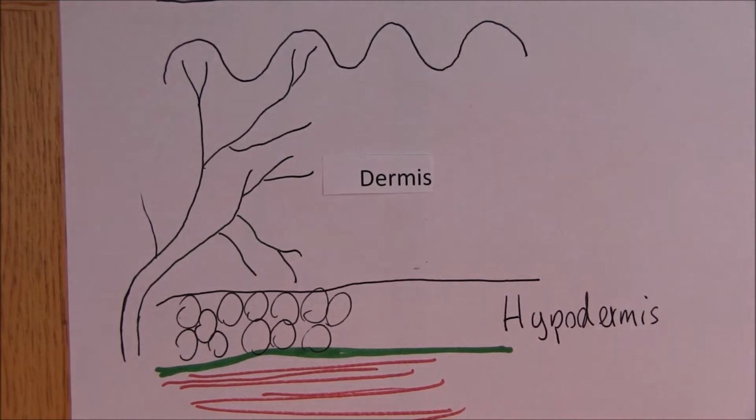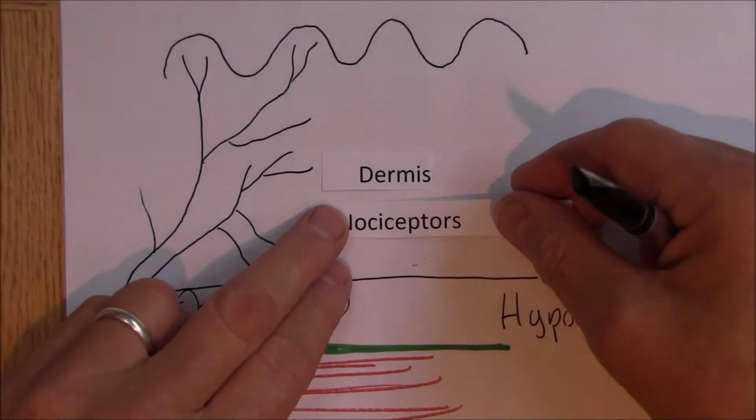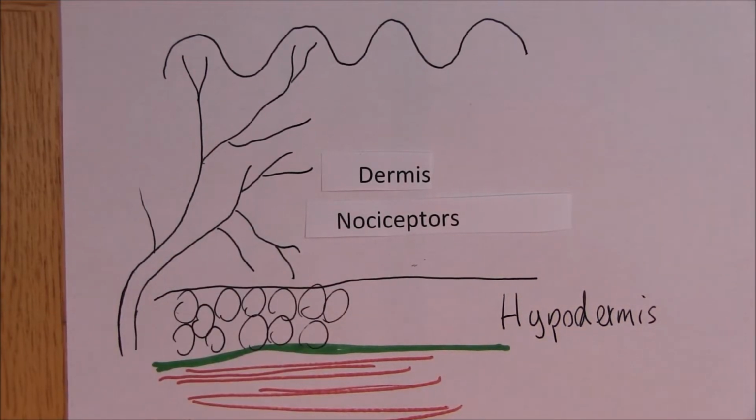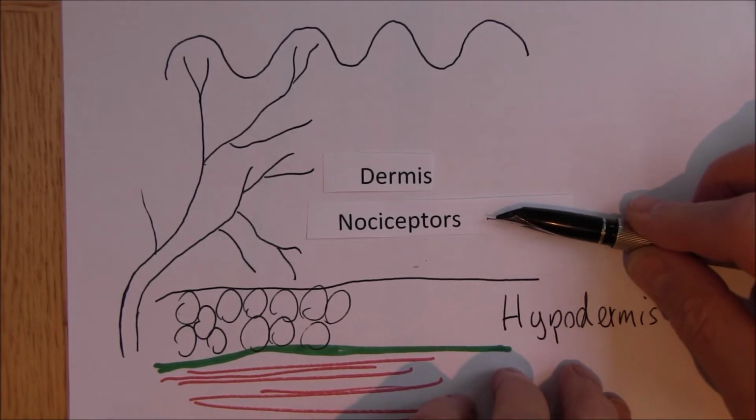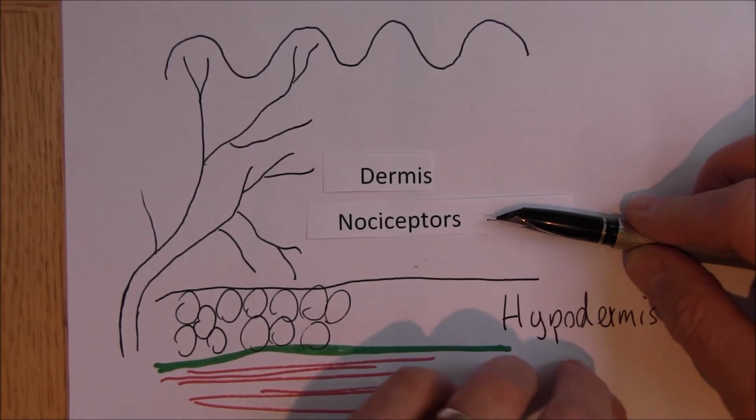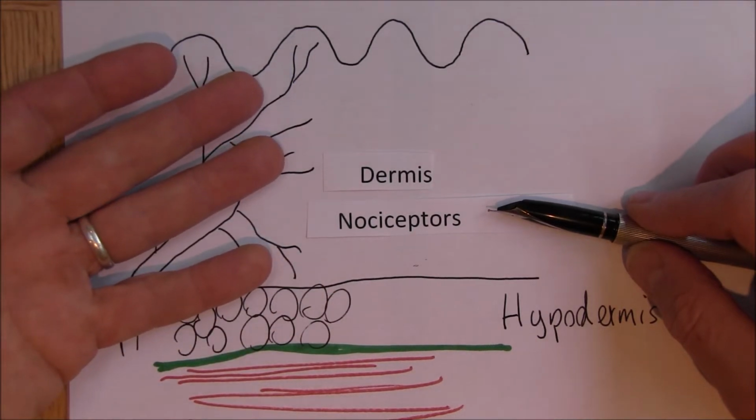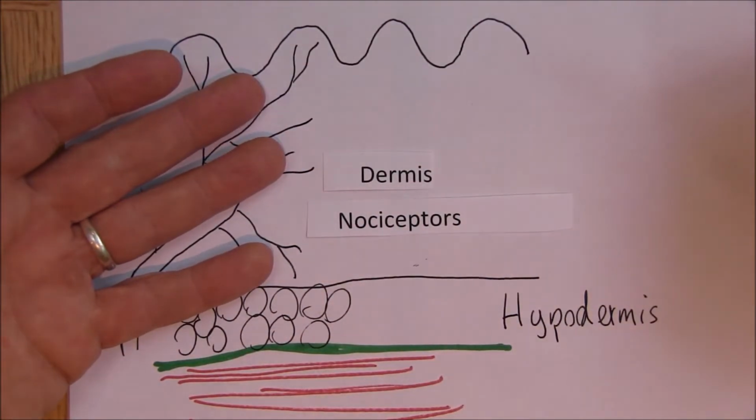And these structures that we've drawn here, these sensory neurons, are the nociceptors of the dermis. Now, the nociceptors are sensitive to pain. So at the moment in my fingers, I'm glad to say I have no pain in those fingers.